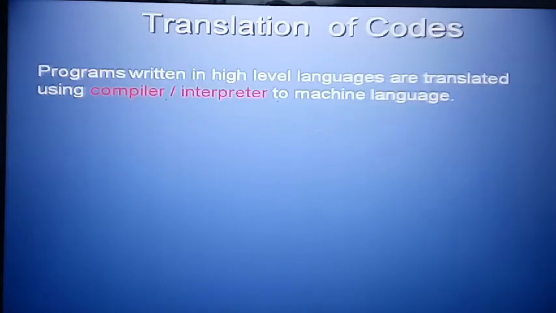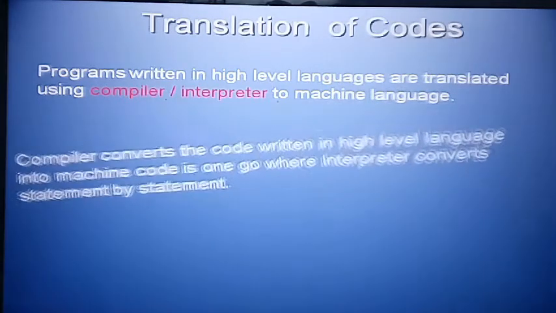So I will see. Programs written in a high level language are translated using the compiler and interpreter to the machine language. It means the compiler and interpreter always convert the source code to machine code. It means the high level language code is converted into machine level language code with the help of compiler and interpreter.